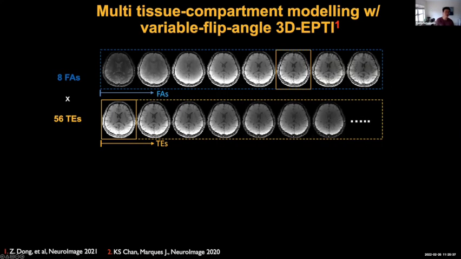Now that I've talked quite a bit about low field, let's move on to the ultra high field part, where we've done some work on using 3D EPTI with variable flip angle to map multi-tissue compartment modeling. Here's an example where we did 3D EPTI acquisition for multi-echo, where we have 56 T2 star echoes as well as acquisition at 9 different flip angles.